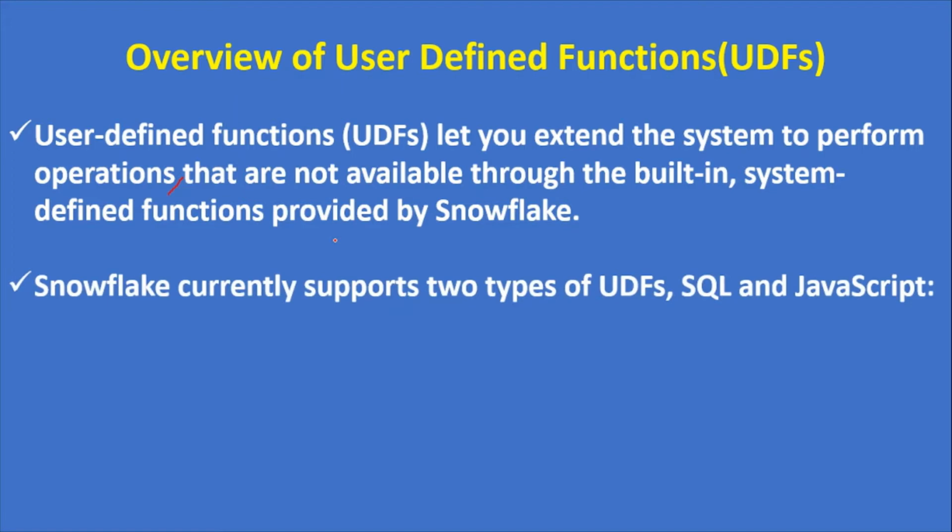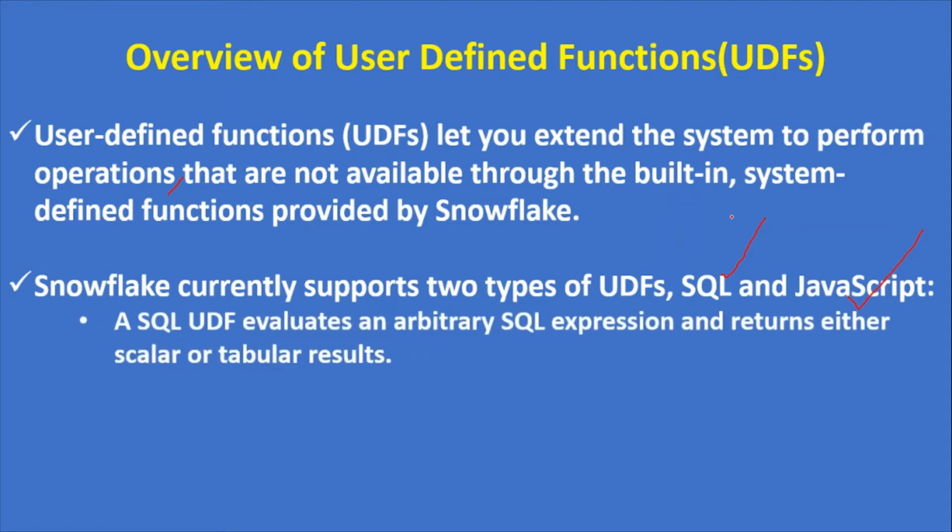Snowflake currently supports two types of UDFs. Those are SQL user defined functions and JavaScript user defined functions. So what is a SQL UDF? A SQL UDF evaluates an arbitrary SQL expression and returns either scalar or tabular results. I will explain the difference between scalar and tabular results.